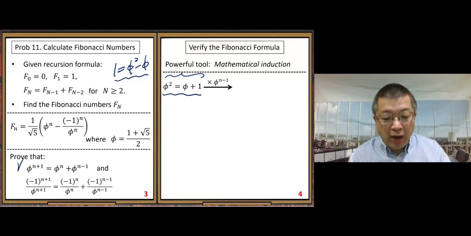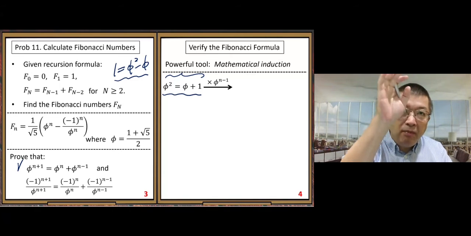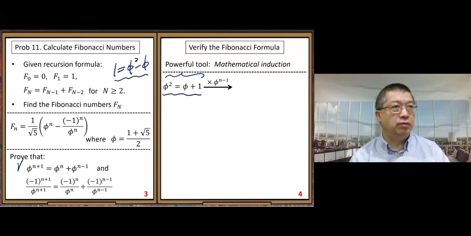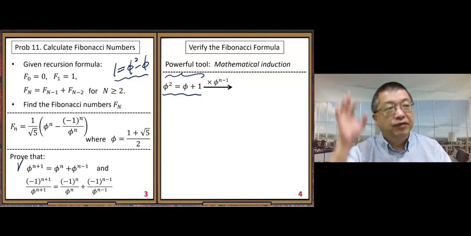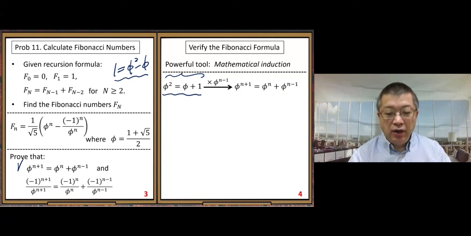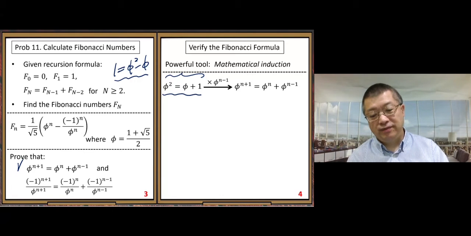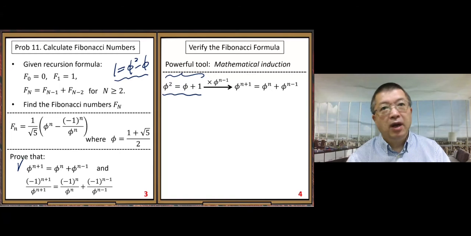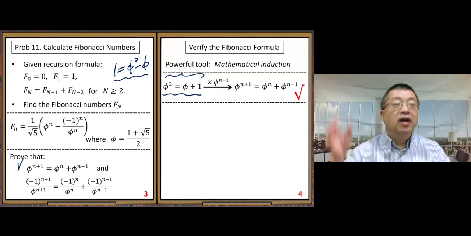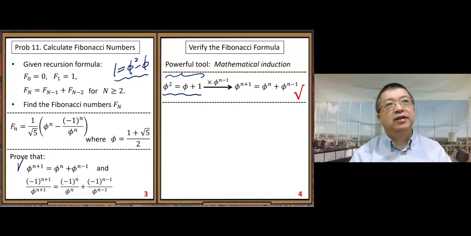Then we multiply both sides of the equality by phi to the n minus 1th power. After this multiplication, we get exactly our first guess. So it is correct. So we verified the first guess.